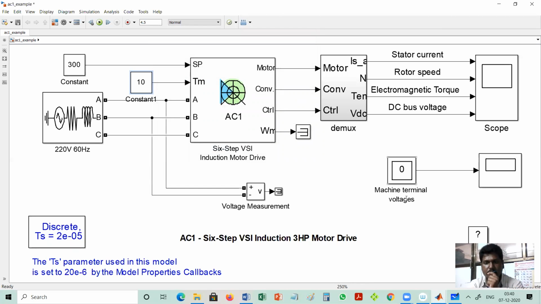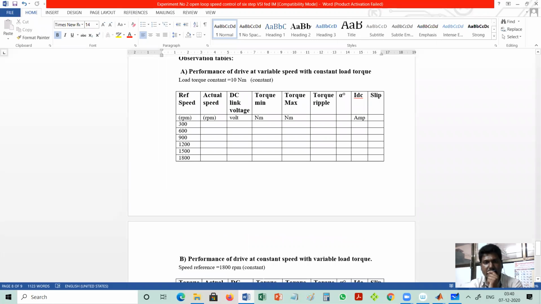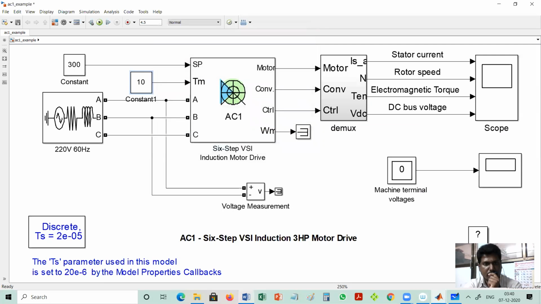According to that table, we have to take the readings of current IDC and firing angle alpha, and for that you have to select the block AC1. The 6 step VSI induction motor drive block, that is the AC1 block.